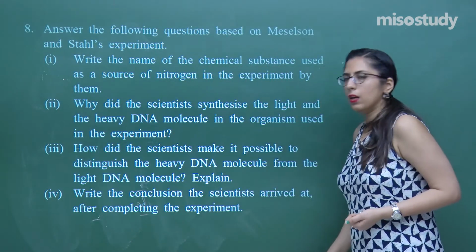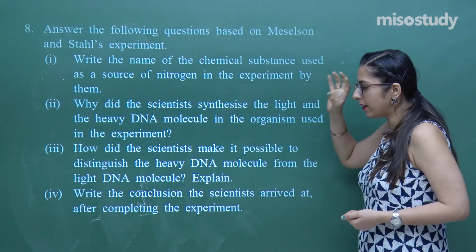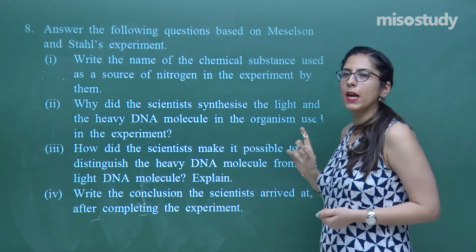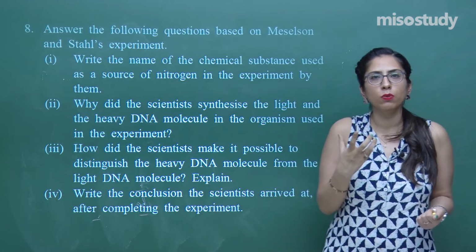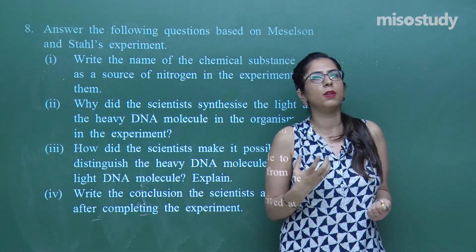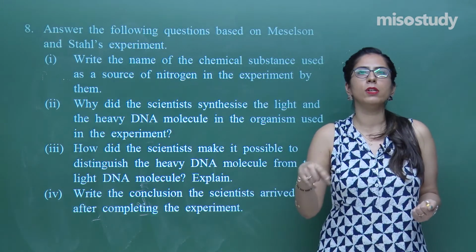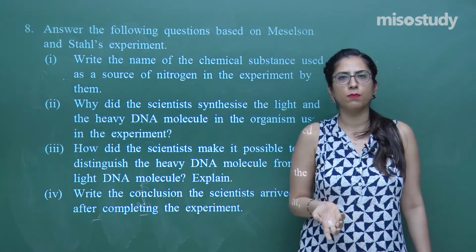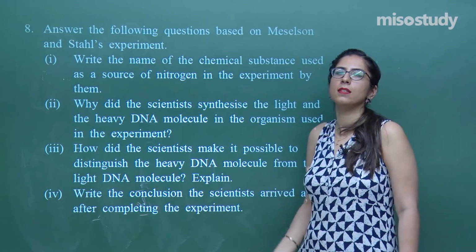Hope you remember that experiment. Here the DNA was grown on a nitrogen-containing medium. Hope you remember the sessions when I discussed the structure of the purines and the pyrimidines. They have a carbon backbone, but they do have nitrogen present. In this experiment, they took ammonium chloride as the nitrogen source.